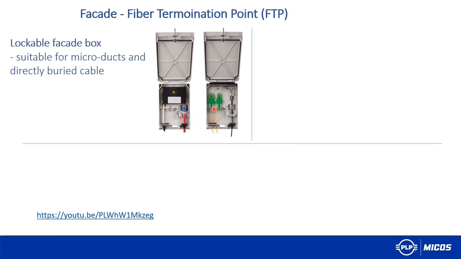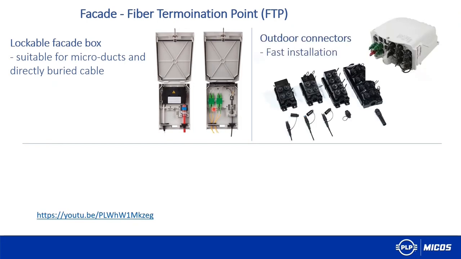Second option, how to connect the apartments or houses, are so-called outdoor connectors, or IP68, 67 rated connectors. This solution is extremely popular in Spain. Basically, the whole installation in Spain is done through these outdoor connectors. There was a license, or it was protected by Corning, not anymore.